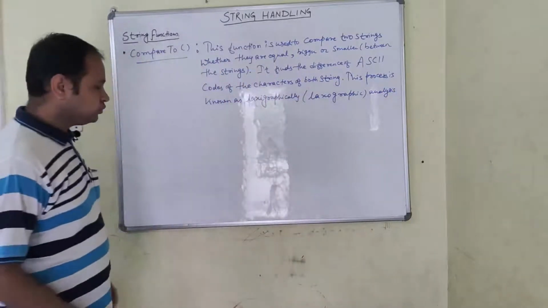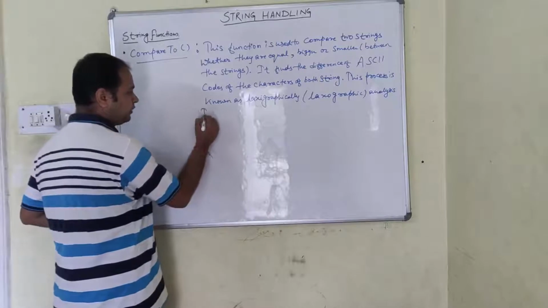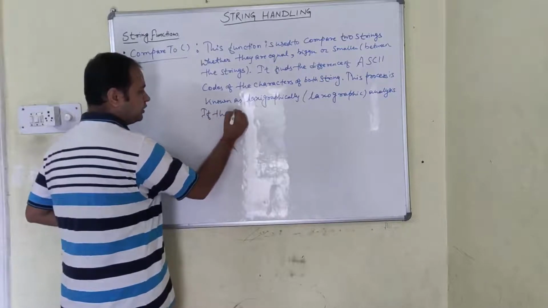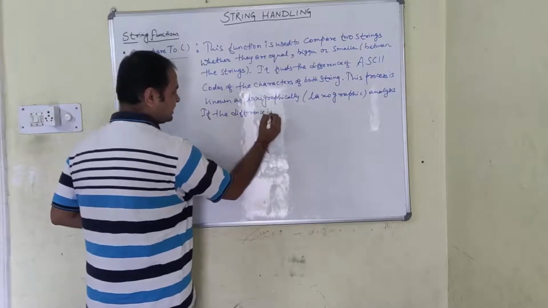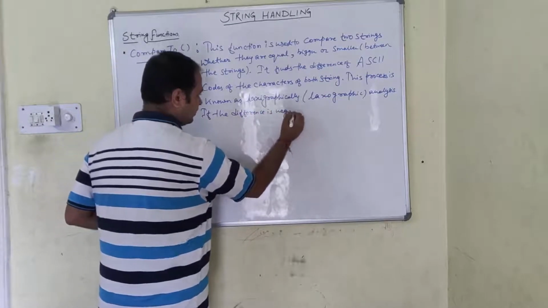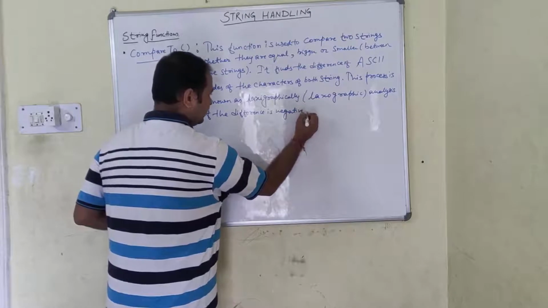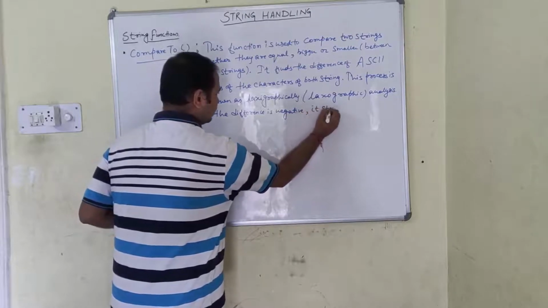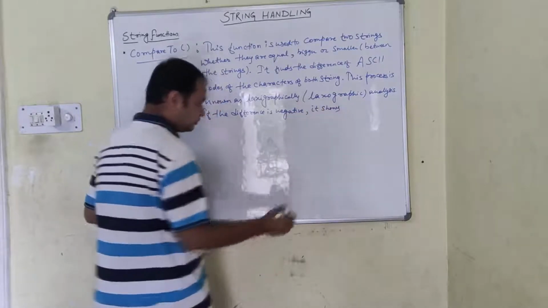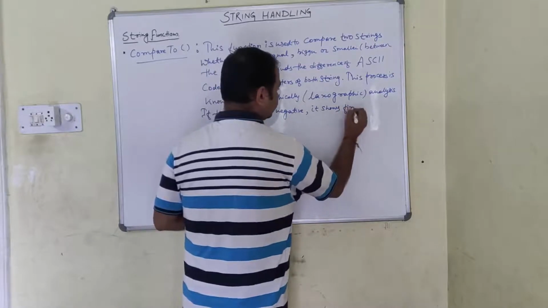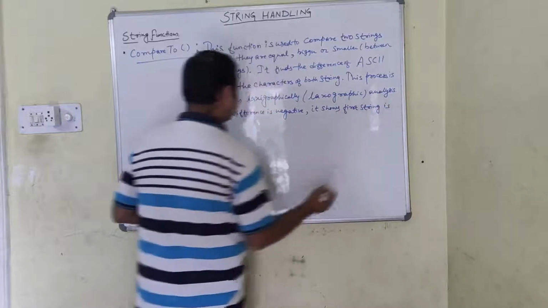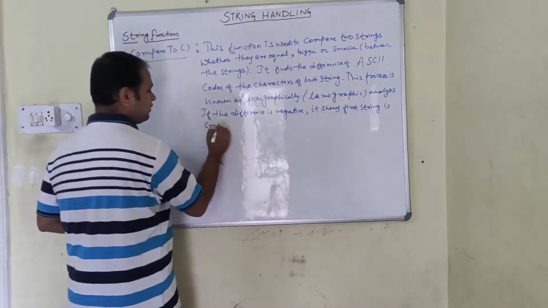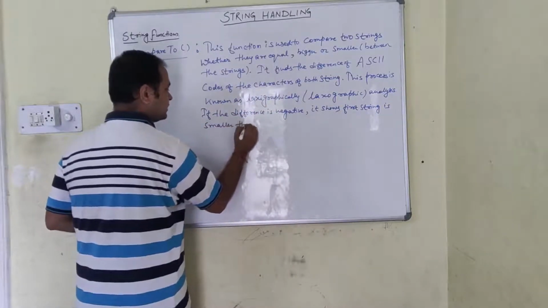Now, if the difference is negative, it shows the first string is smaller than the second.